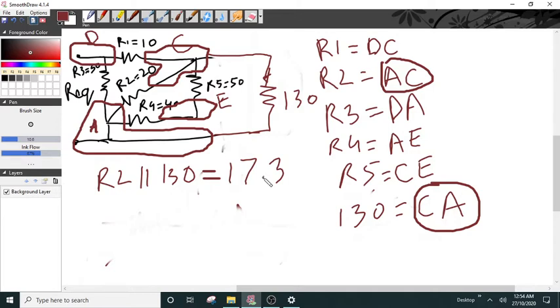So all we have to do is just remove one resistance between them. Either we remove this resistor or we remove this resistor. It's our choice. We just have to remove one of the resistors and name the other one to the result that we have obtained.